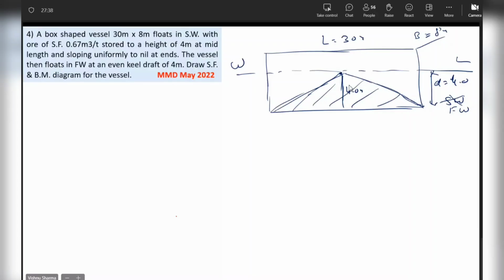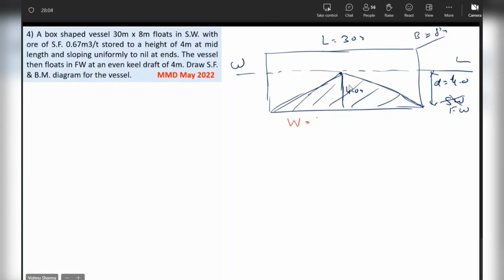Okay. Guys, we know what all we need. We need light displacement. We need to know how the light displacement is distributed. We need to know the cargo, and we need to know the buoyancy. Now, first and foremost, light displacement is not given, but we have enough information in the question by which we can get the load displacement. How will we get the load displacement?